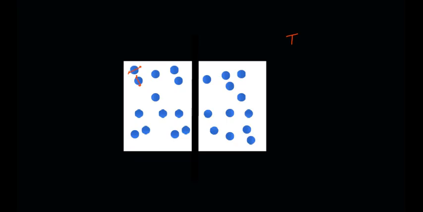Well, we can discuss that in a separate video. So that is not changed. Vibration has not changed, so the temperature does not change. Similarly, pressure also does not change. Why? Because pressure is the measure of the force with which the molecules are striking the walls of the container, and that does not change.